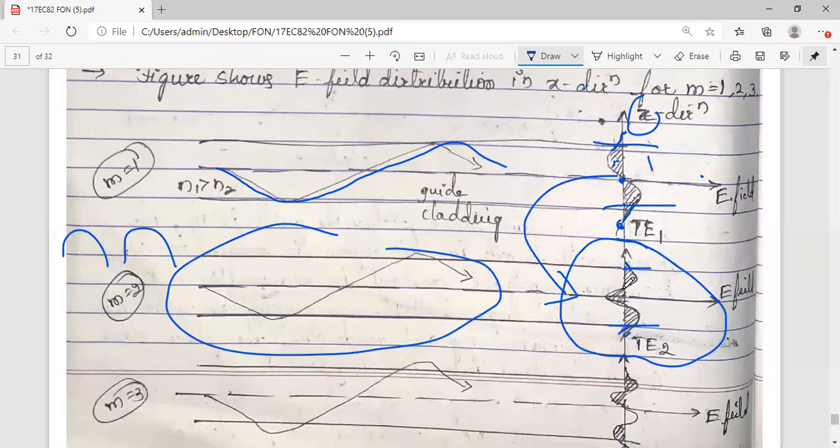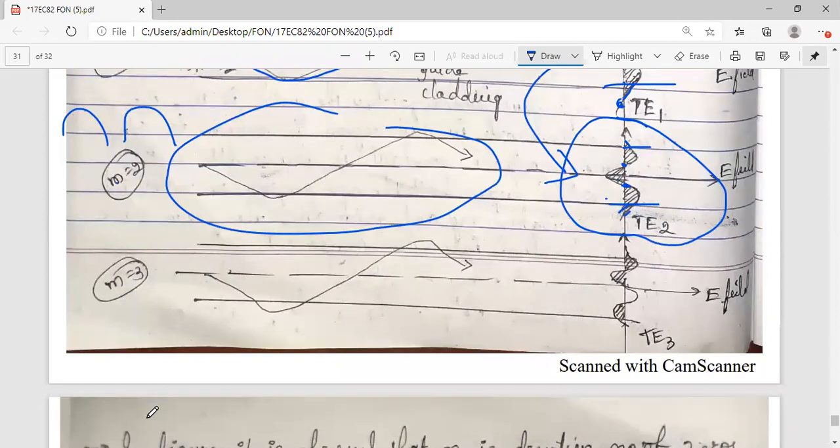So zeros are not here, but here there is 1 point, 2 points. So how many zero crossings have happened? 2. So m is equal to 2, 2. M is equal to 1, 1. So obviously for m is equal to 3, you will get 3 zero-crossing points. Here again it is crossing, so you cannot consider these 2 points. Here there is 1, 2 and 3 and so on.